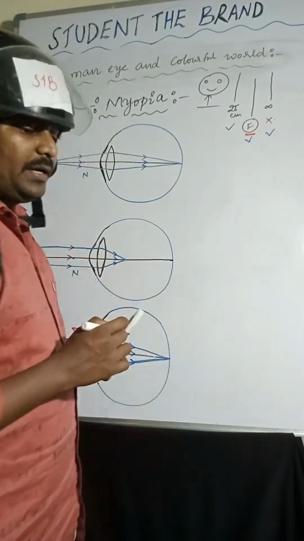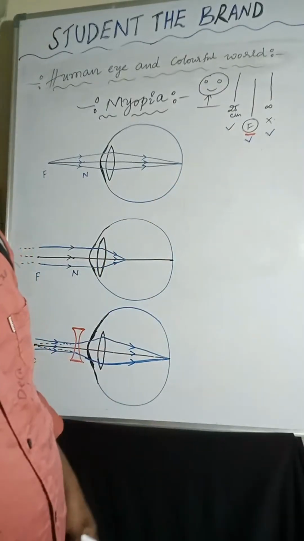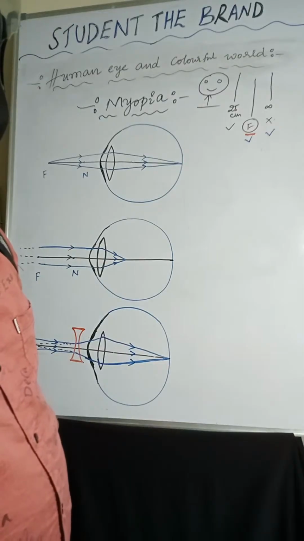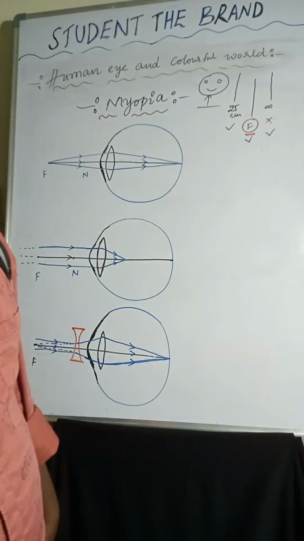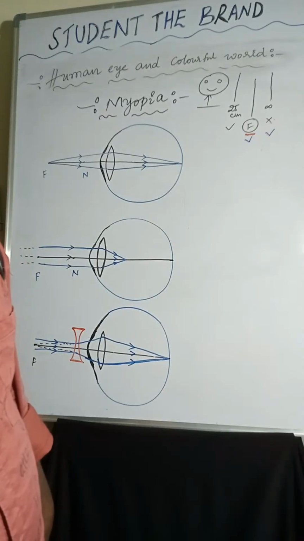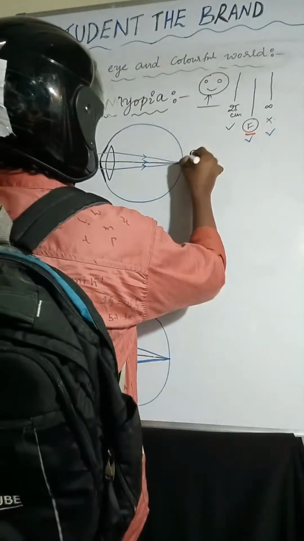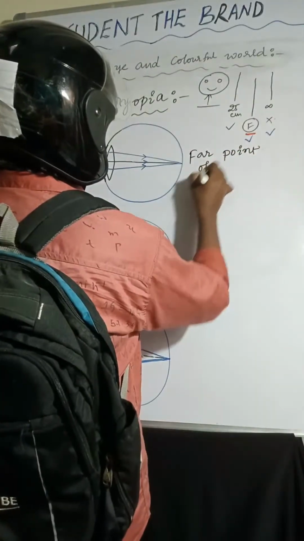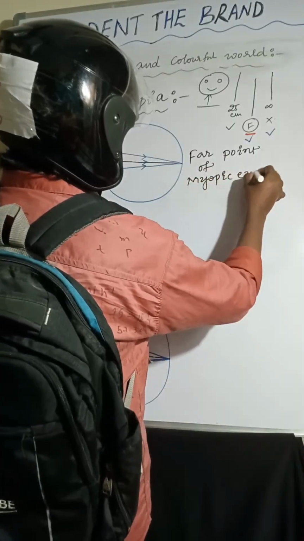Okay, so now you can observe here. This is the far point of the myopic eye.